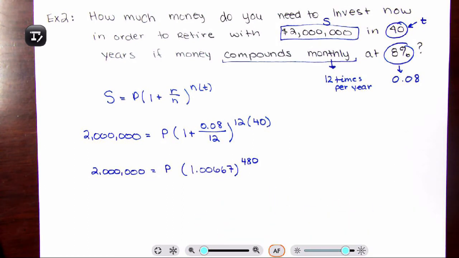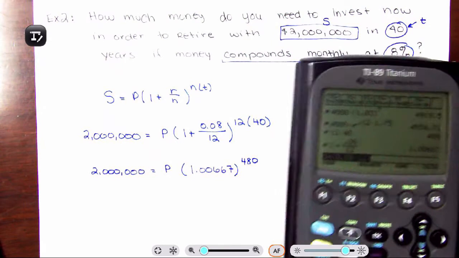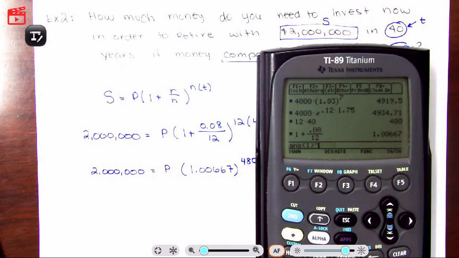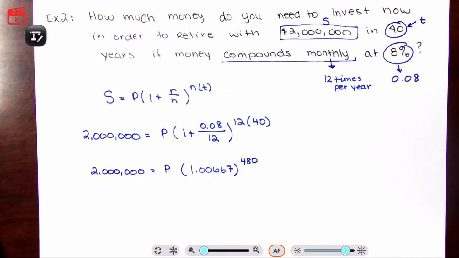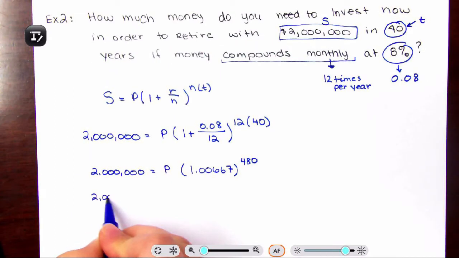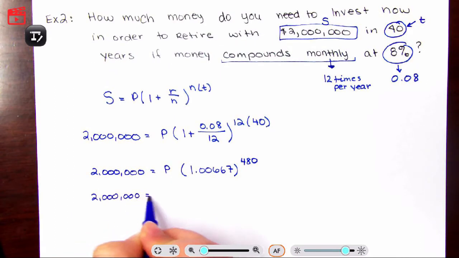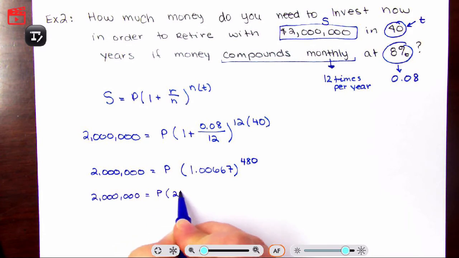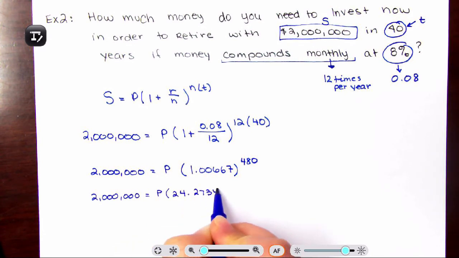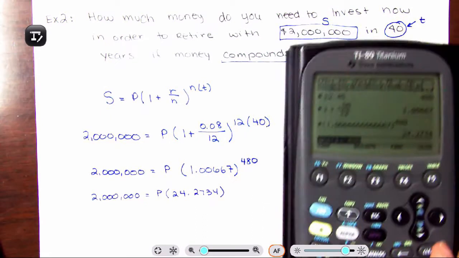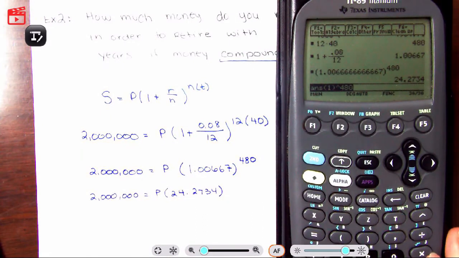So you're going to raise that, which is my caret, to the 480th power. And again, just keep it as it is. Don't touch it. Yes, you can abbreviate for your work by writing down what your computer tells you, but don't touch it on the actual screen here. So now I'm going to do 2 million divided by this value.